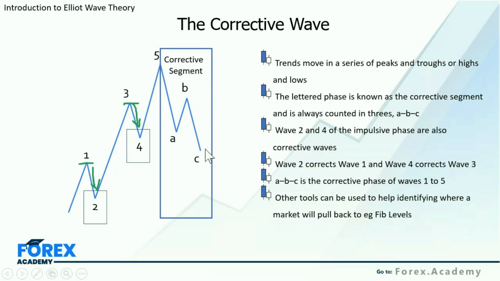So that can present opportunities for traders to look to engage with the fib, and there are obviously many other trading indicators as well which can be used in a similar fashion, that can support the understanding of Elliott wave theory.